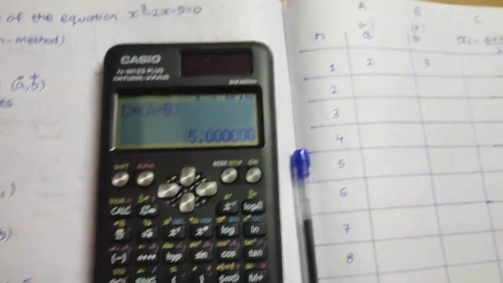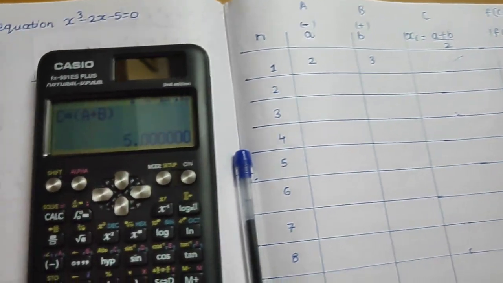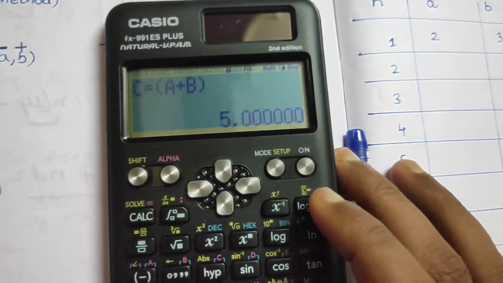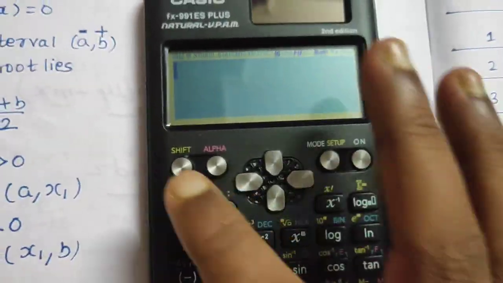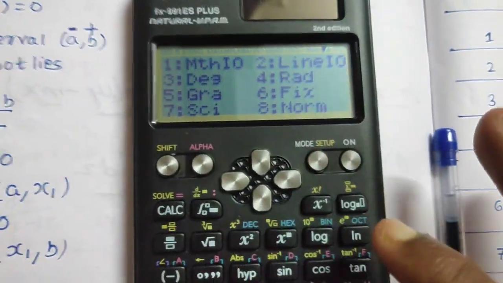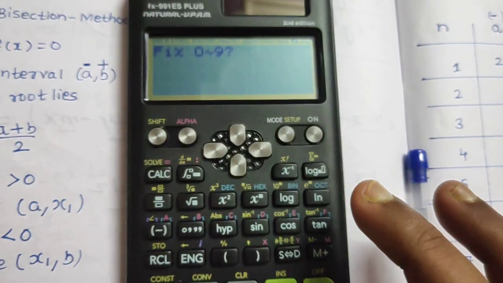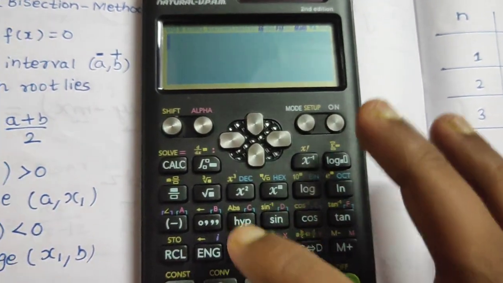Oh, I made one mistake. A plus B by 2 I have to write. So anyway, let's make some changes. I will quickly do that for you. So shift mode, up to 6 decimal places I am fixing.